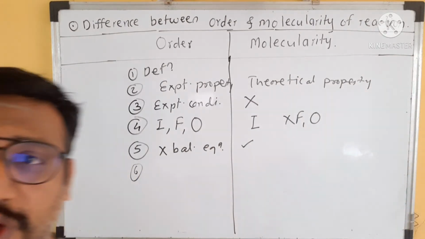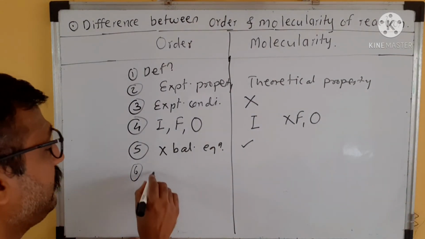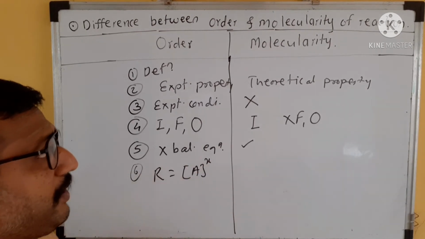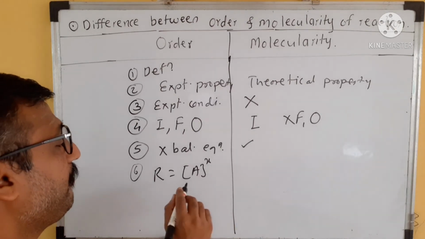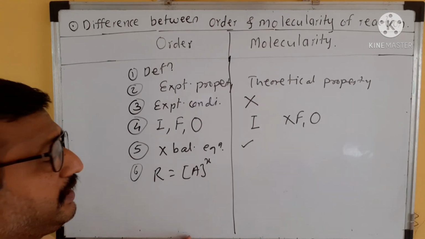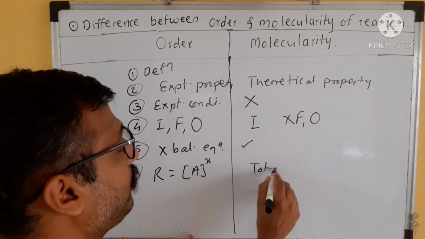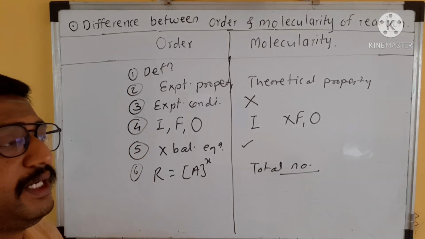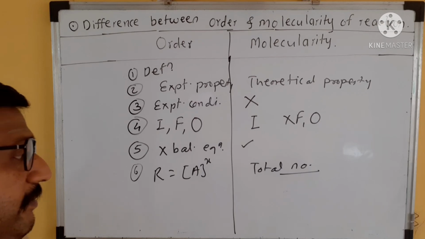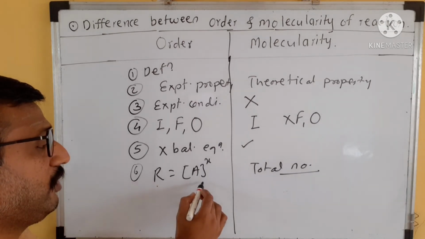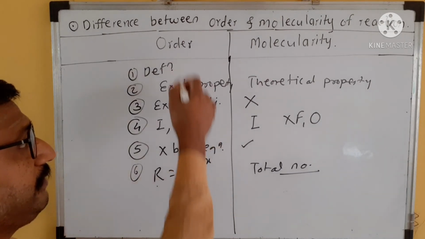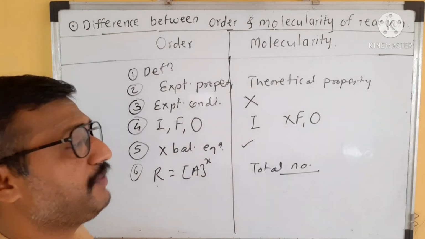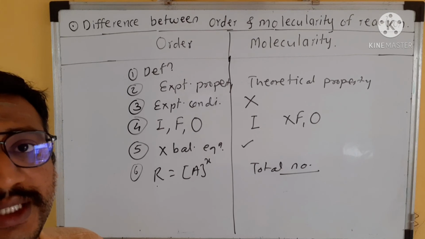Order of reaction gives the relationship between rate of reaction and concentration of reactant raised to a certain power. Molecularity gives us an idea about the total number of molecules, or reacting species, involved in a balanced chemical equation. Rate and molar concentration relation comes from the order, and the total number of molecules comes from the molecularity.